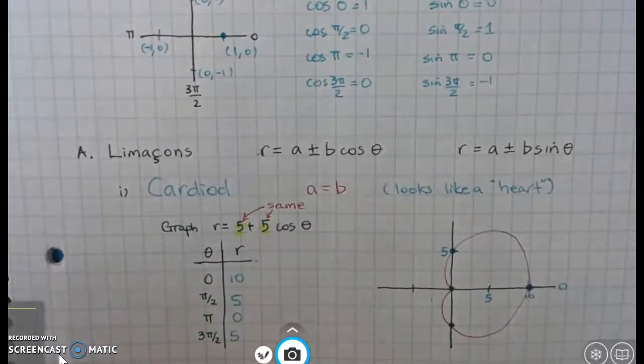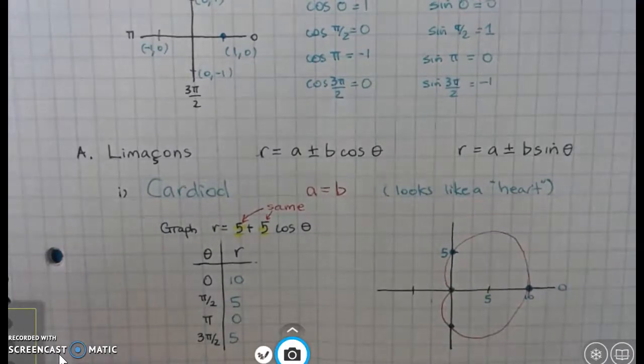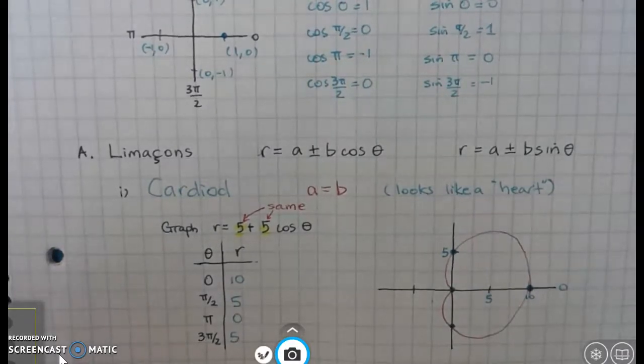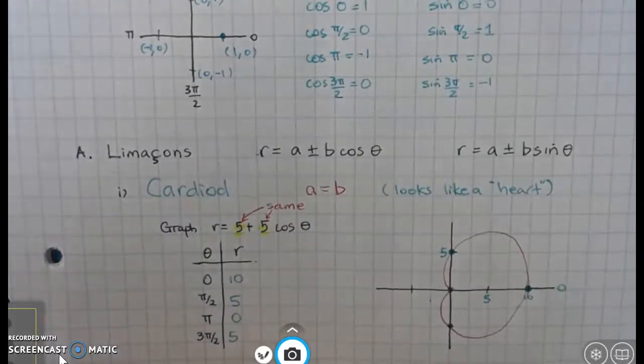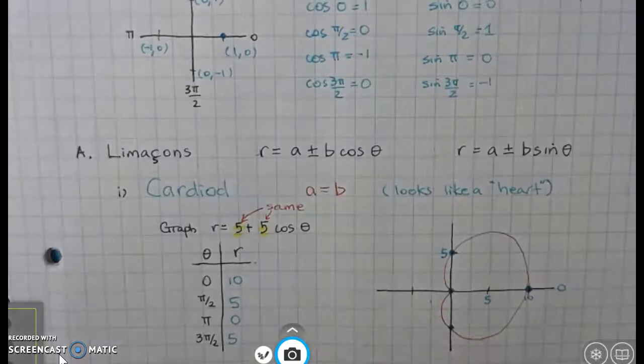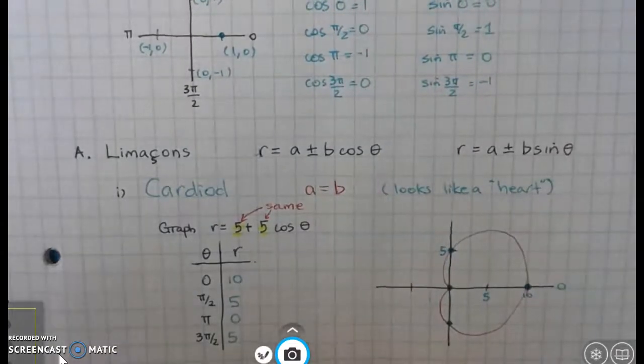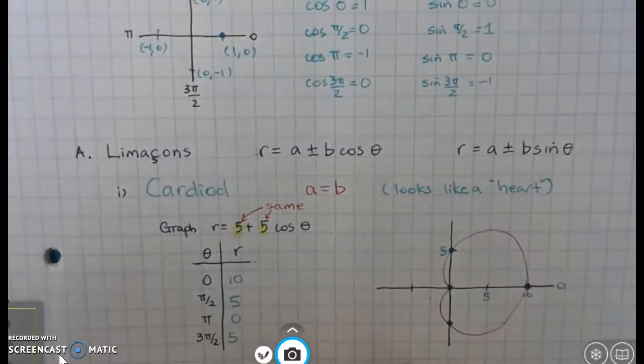It will look like this. Okay, so then what if we had to graph r is equal to 5 minus 5 cosine of theta?